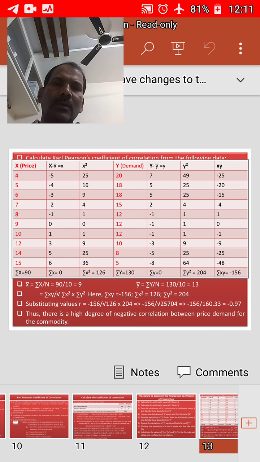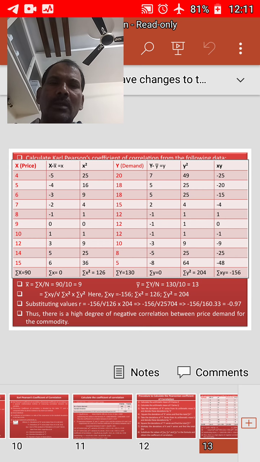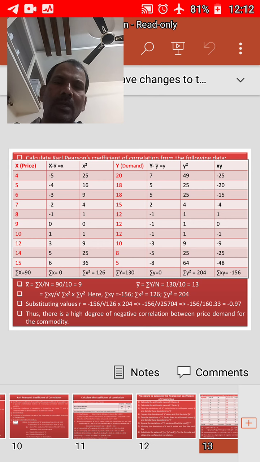Minus 5 into 7 is minus 35, minus 4 into 5 is minus 20, minus 3 into 5 is minus 15, minus 2 into 2 is minus 4, minus 1 into minus 1 is plus 1, 0 into minus 1 is 0, 1 into minus 1 is minus 1, 3 into minus 3 is minus 9, 5 into minus 5 is minus 25, 6 into minus 8 is minus 48.